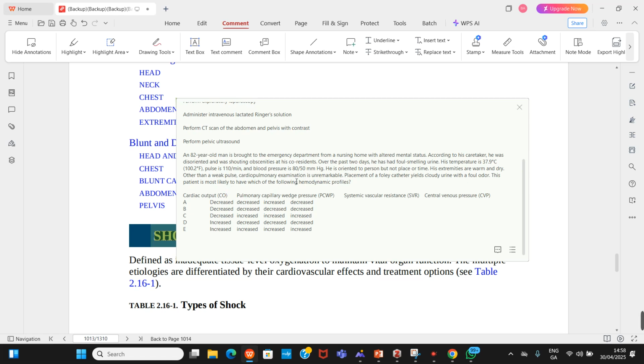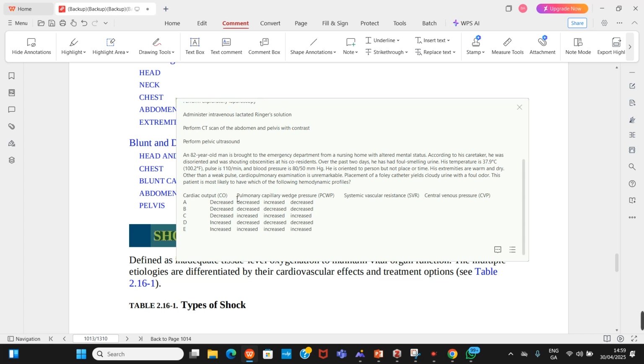He's oriented to person but not to place and time. Extremities are warm and dry. Other than a weak pulse, cardiopulmonary examination is unremarkable. Placement of Foley's catheter yields cloudy urine with foul odor. This patient is most likely going to have which of the following hemodynamic profiles?